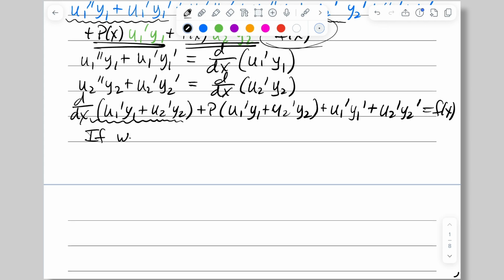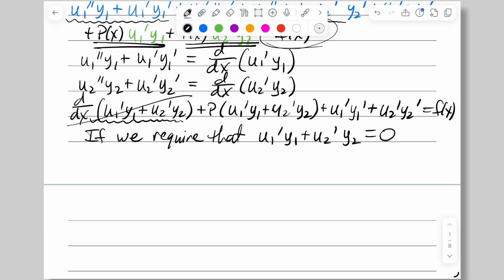If we require that u1 prime y1 plus u2 prime y2 equals 0, then the derivative is 0, and p times that thing equals 0. And we end up with the result that what's left, u1 prime y1 prime plus u2 prime y2 prime, is equal to f of x.